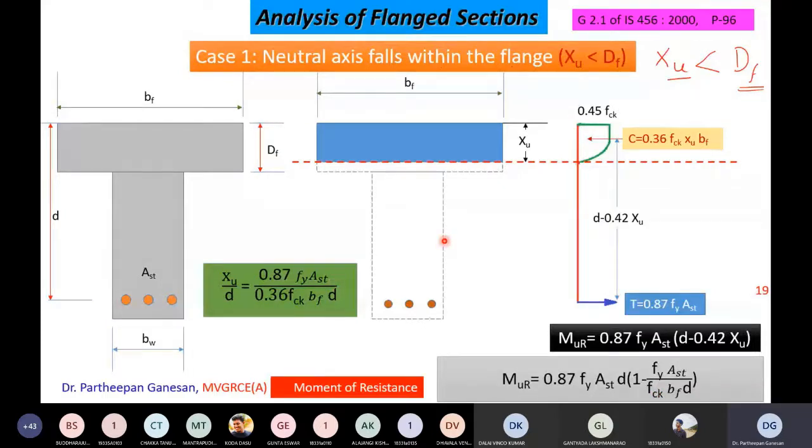Any doubt anywhere? This is the first case, and it is very, very simple. Whatever you already studied for a rectangular section, instead of B you are applying BF. There is not much difference. Is that clear? If you have any doubt, please tell me now.